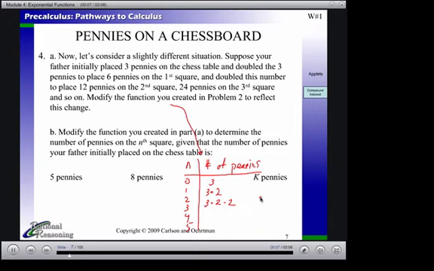Multiply by 2. It's still doubling. We're doubling what we had before. So here's what we had before, and then we double. So this is what we had on the second square. And what do we do to it? Double it.